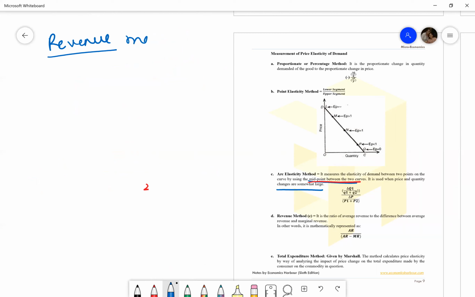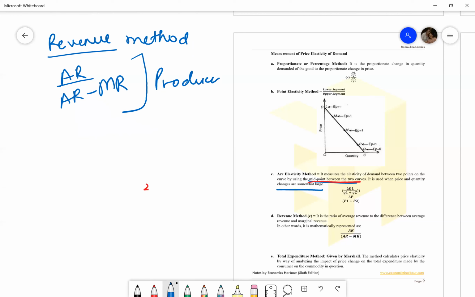The revenue method is mathematically represented as AR upon AR minus MR. This is mostly for producers, because consumers have income and producers have revenue, and as per that we'll be using the revenue method to calculate the elasticity.